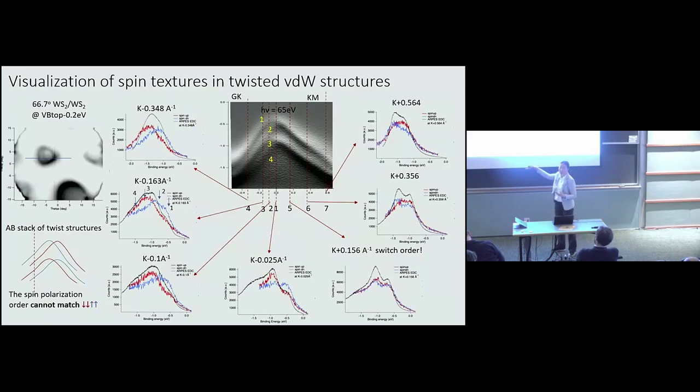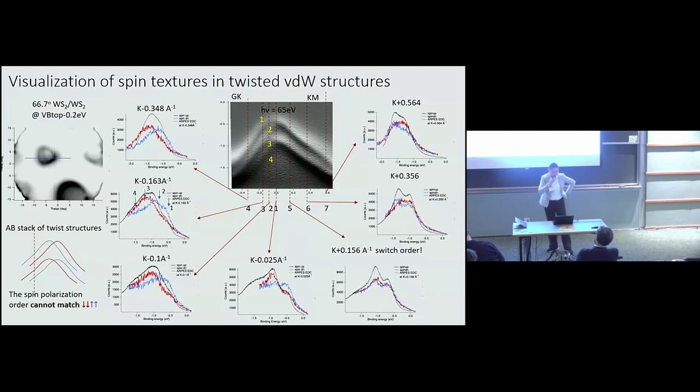Typically for monolayers, at the K point or K prime point, you would have two branches, one spin up and the other spin down. If you overlay these two layers together, I would expect a line cut on the left to give a spin order of down, up, up, down, and not the up, up, down, down that we have seen experimentally.